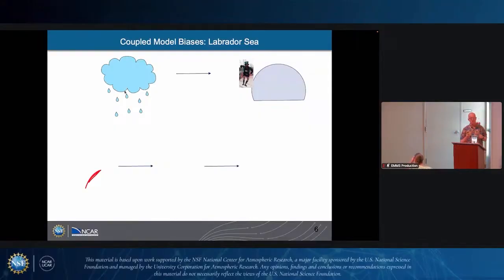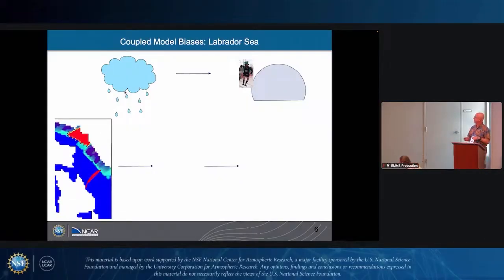Anyway, nonetheless, we get enhanced runoff from Greenland, and then we have this funny thing where we fan out both the ice and the liquid runoff using this mapping like this, and we're actually fanning it out a little bit too far over the central Lab Sea. So we're getting too much fresh water pushed out over the Lab Sea.